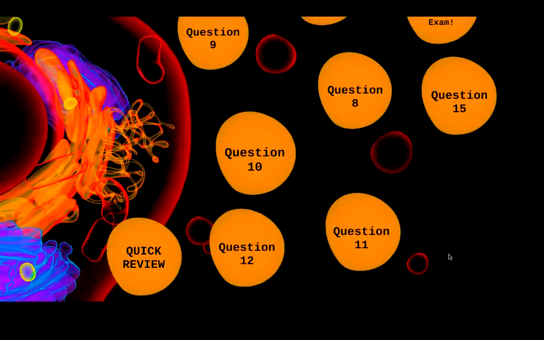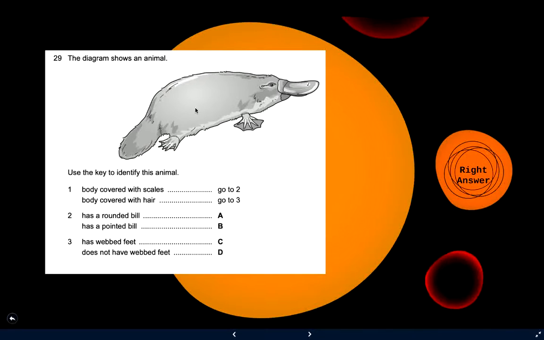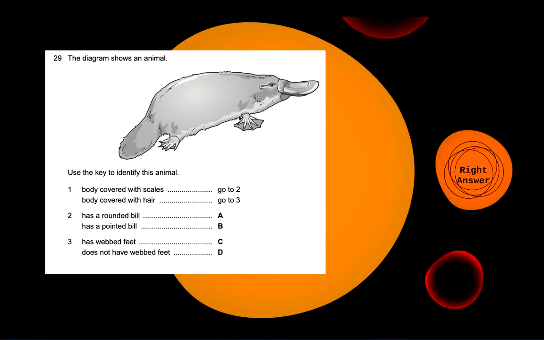Next is question number 10. The diagram shows an animal. Use the key to identify this animal. So basically, this type of animal is a platypus. This is a monotreme. That means they are egg-laying mammals.